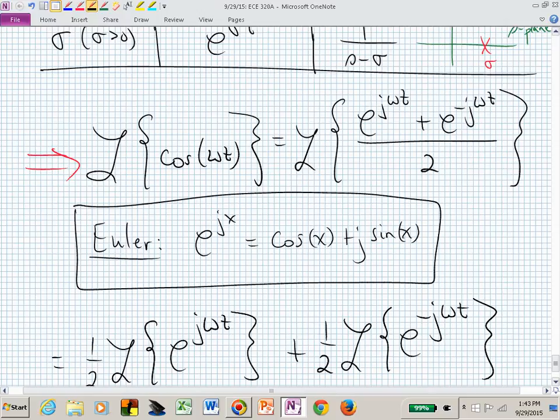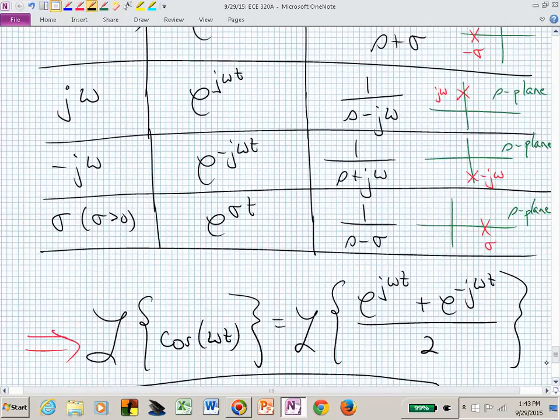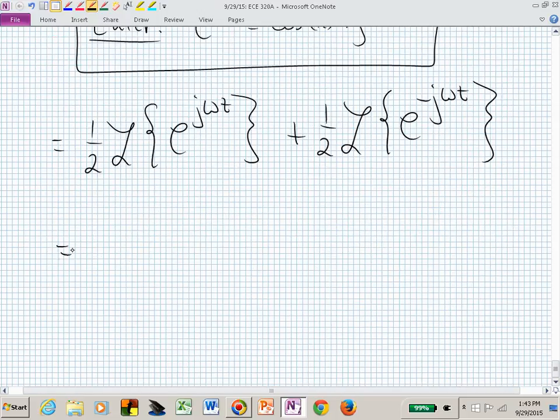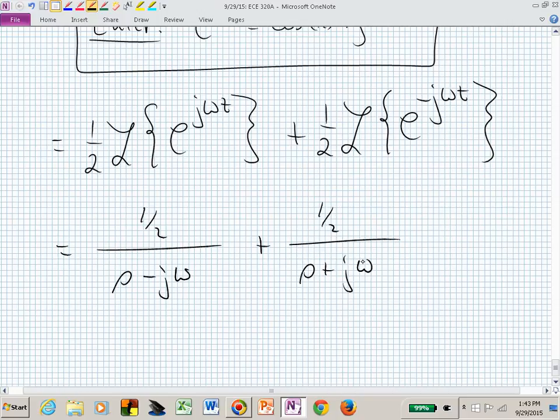I'm factoring out the 2 in the denominator, and I'm left with the numerator, and I've just separated that into the 2 parts. Row 2 tells us what the Laplace transform of e to the j omega t is, and row 3 tells us the Laplace transform of e to the minus j omega t. If I plug those in, I now have 1/2 over s minus j omega plus 1/2 over s plus j omega.